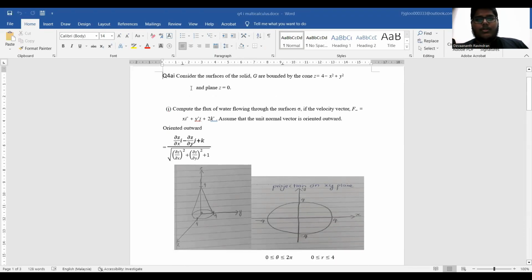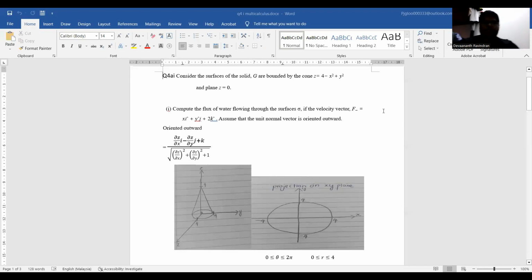Here the question says, consider the surface of the solid G bounded by the cone z = 4 minus the square root of x squared plus y squared, and the plane z equals 0.